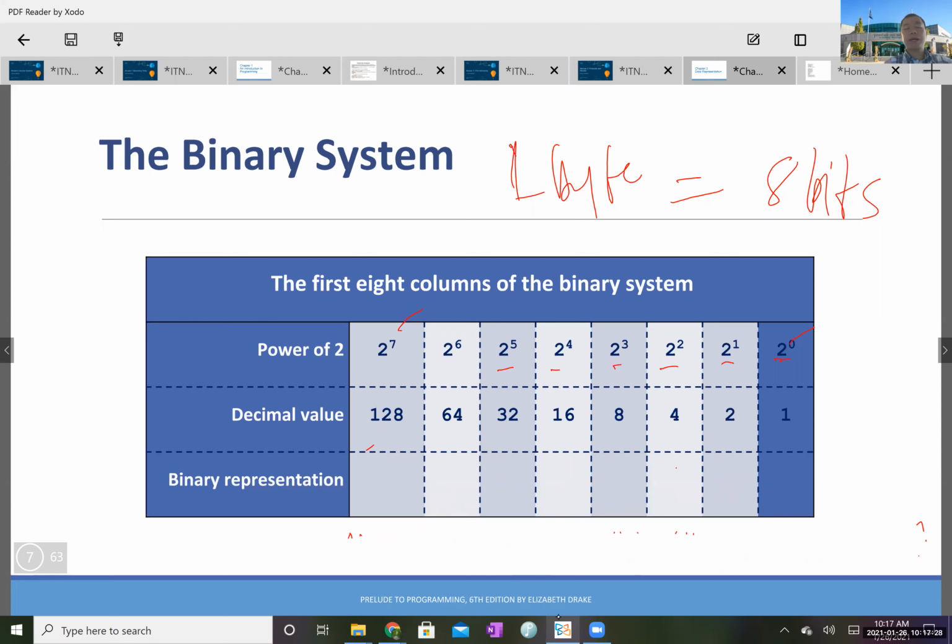So here, if I have an example, I have 0, 1, 1, 0, 0, 1, 1, and 0 here. So what do you think? What is the decimal for this one?